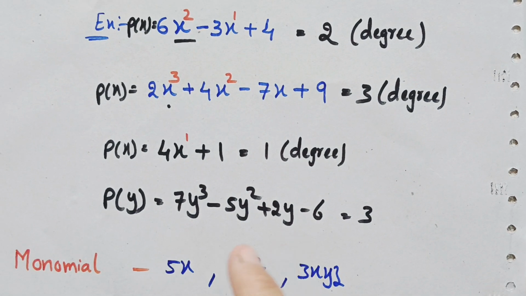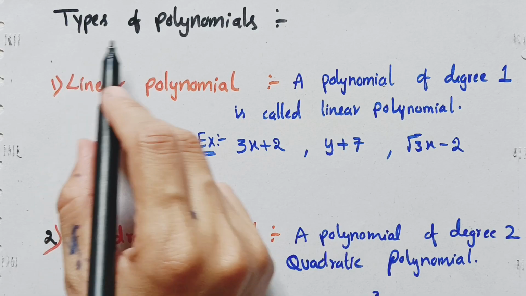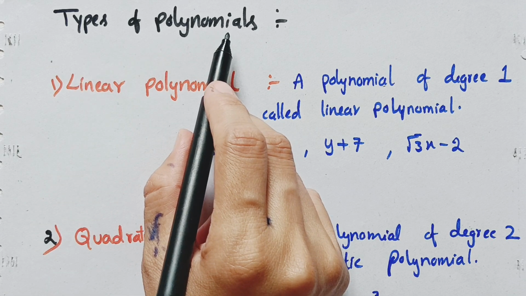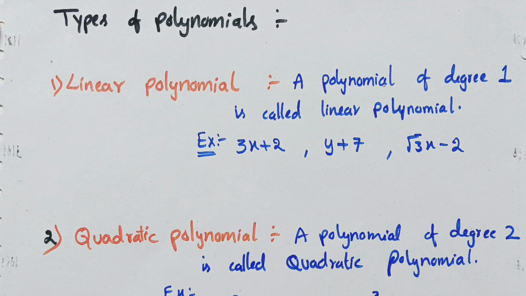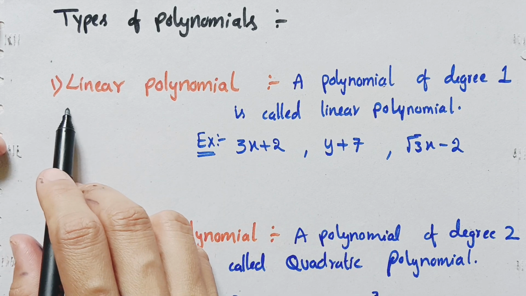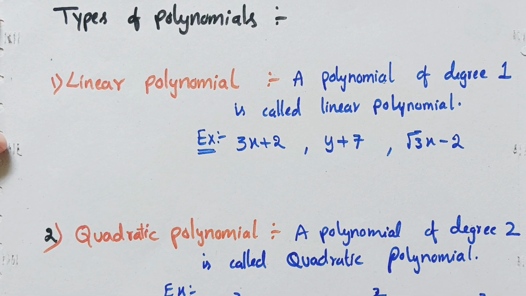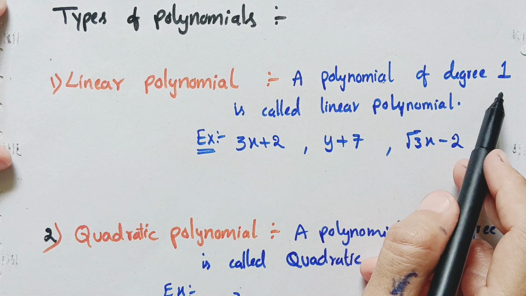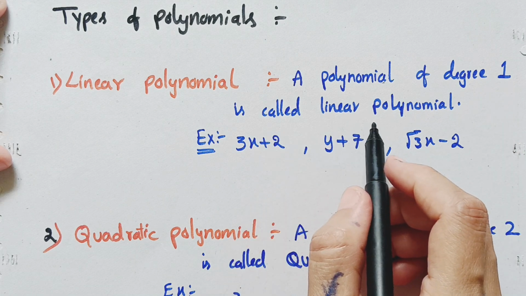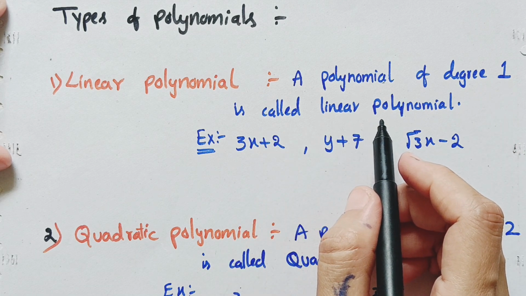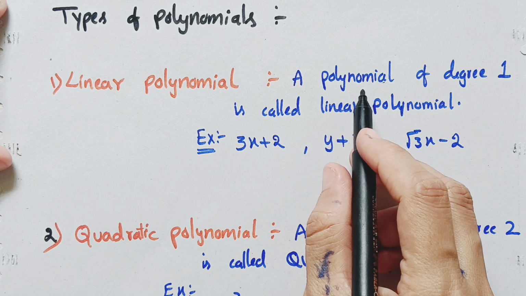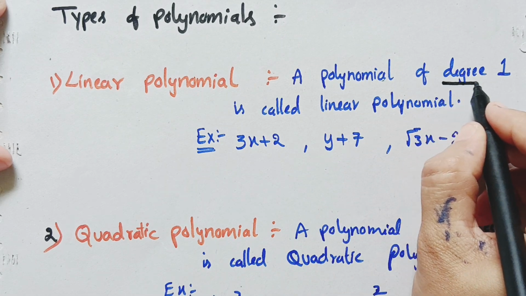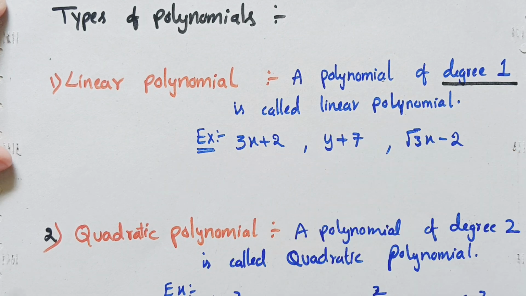Okay guys, now we'll see the next part, which is the types of polynomials. Okay, so how many types of polynomials are there? Let's see. So first one is linear polynomial. A polynomial of degree 1 is called a linear polynomial. Means a polynomial which has a degree 1 is called a linear polynomial.